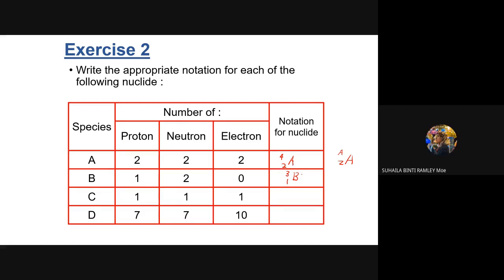Why positive 1? Because electron has fewer number than proton.